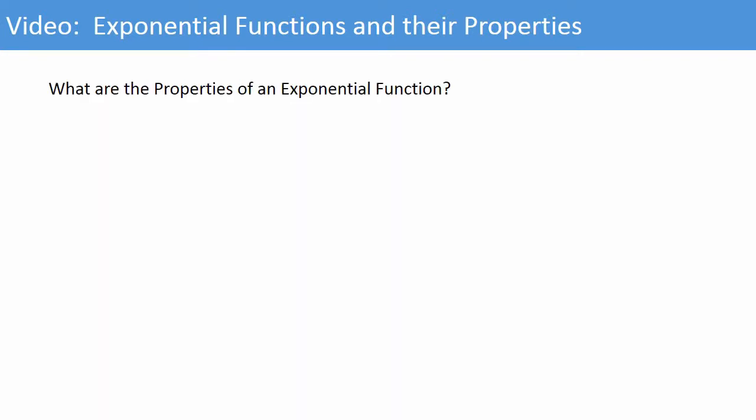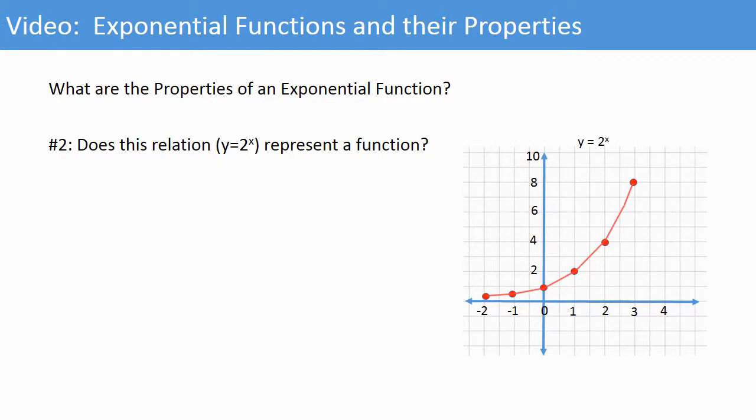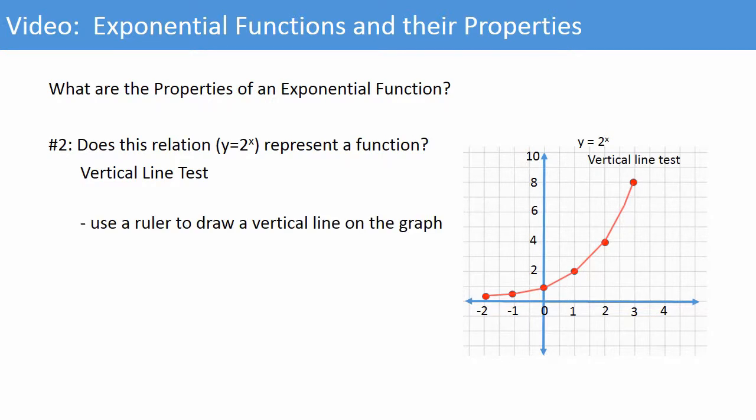The next property, property number 2: is this relation y equals 2^x a function? Does the relation represent a function? Here's our graph. We are going to use what's called the vertical line test. Use a ruler, draw a vertical line anywhere on the graph.